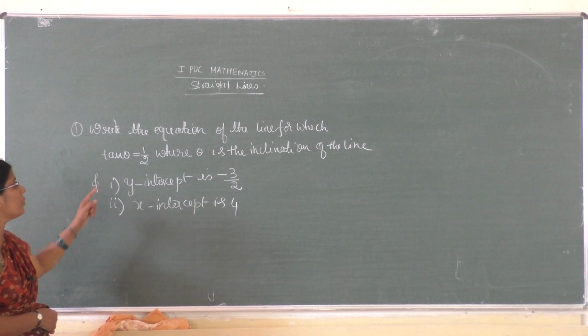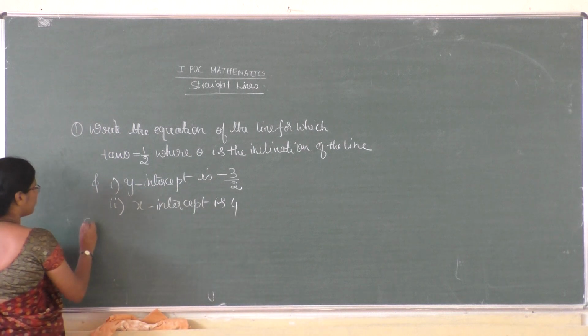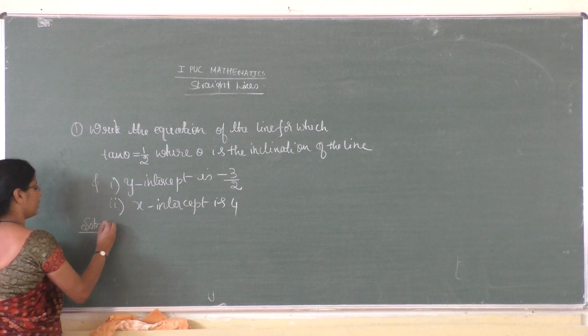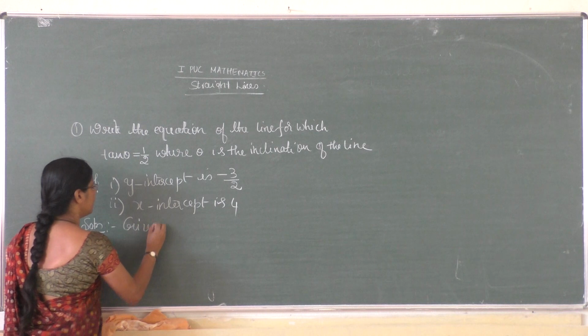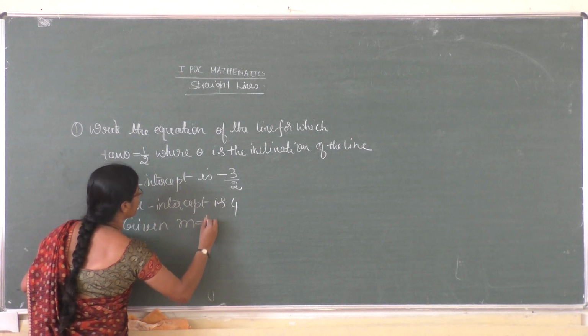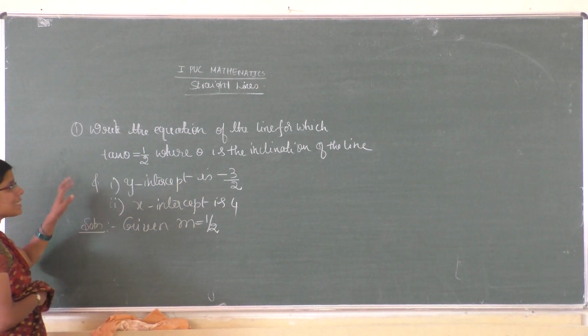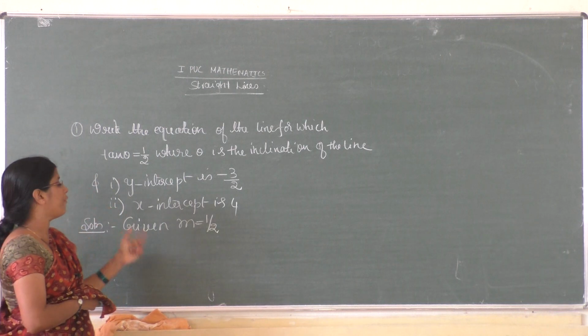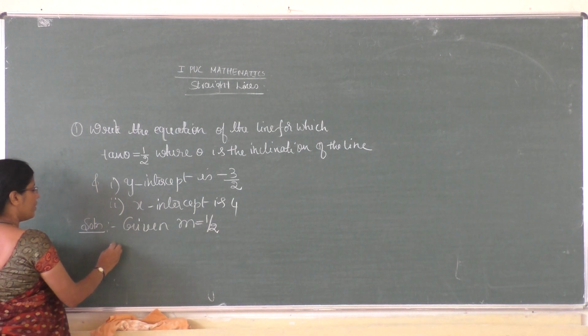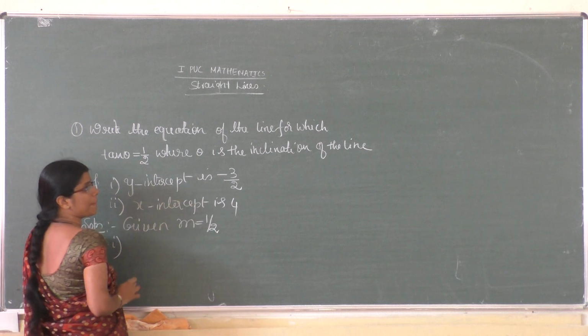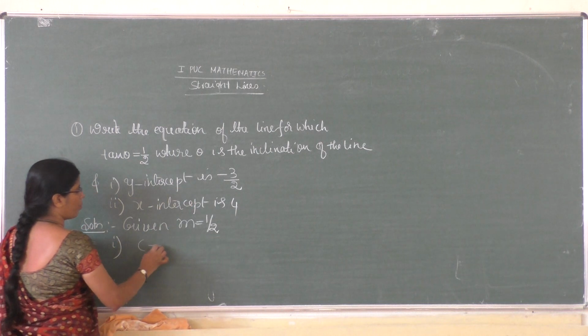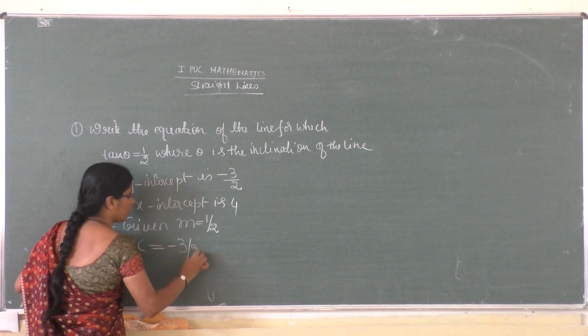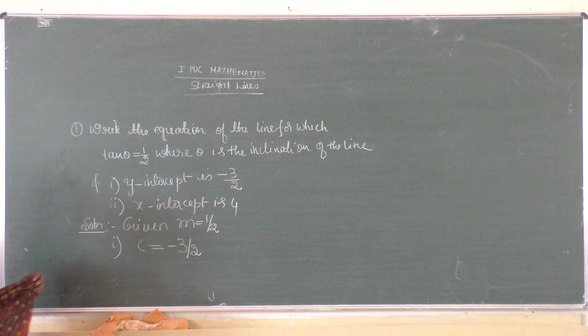So m is equal to half, given. Because tan theta is a slope, therefore m is equal to half. Now first one, y-intercept is minus 3 by 2. What is given? C is equal to minus 3 by 2.